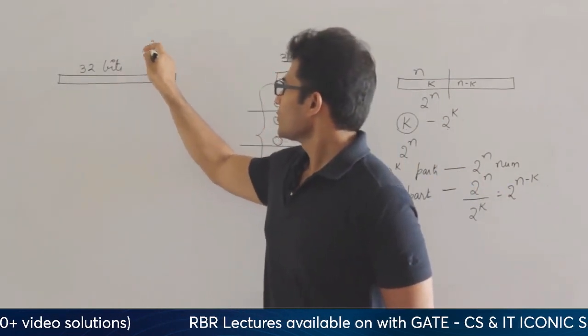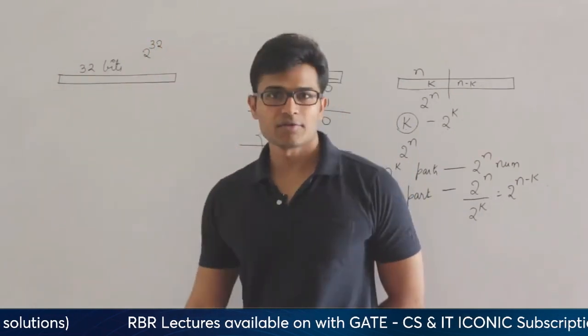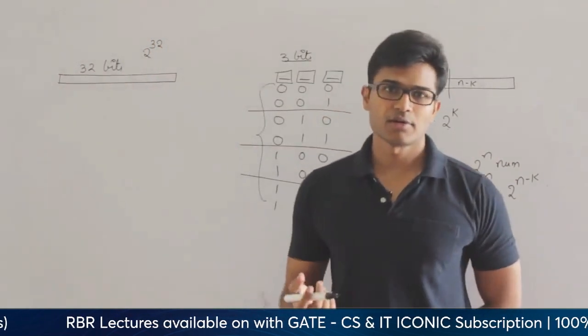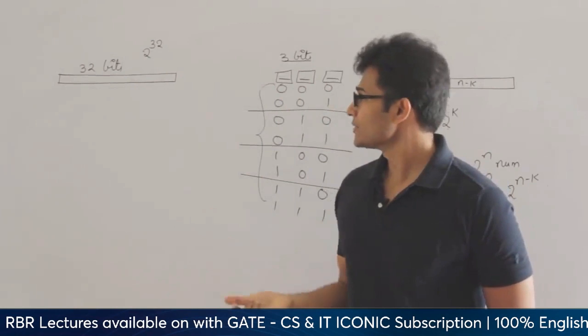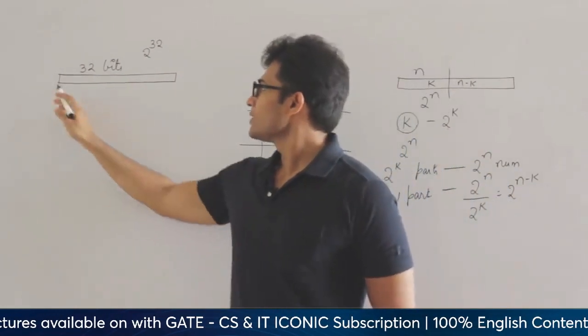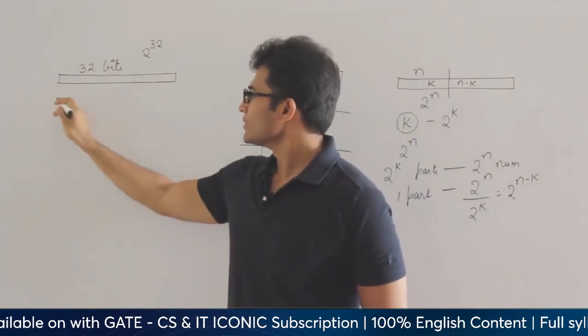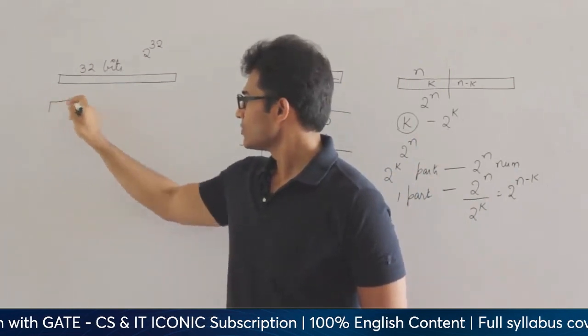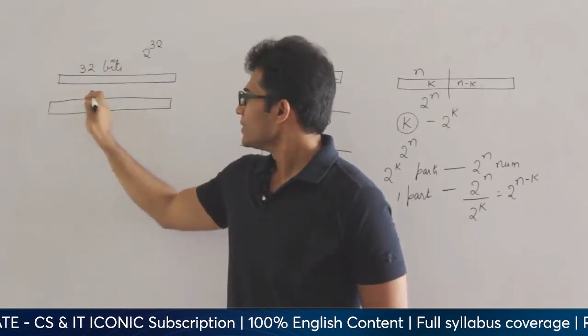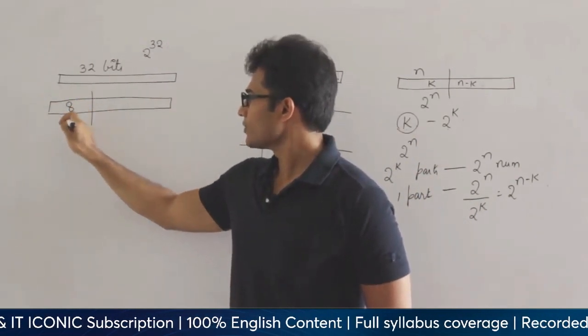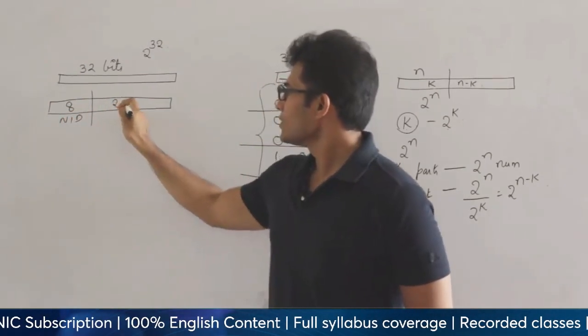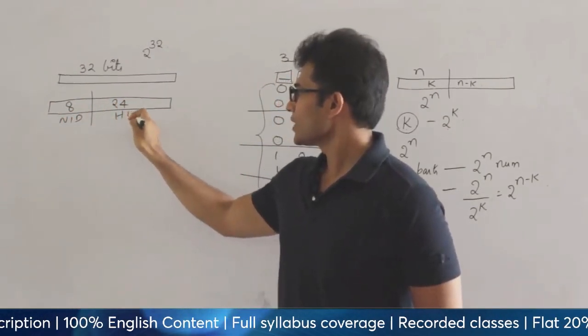Now what they thought was, initially when computer networks were first introduced for ARPANET and other networks, they divided it into static parts like this. They divided these 32 bits into 8 bits of network ID and 24 bits of host ID part.